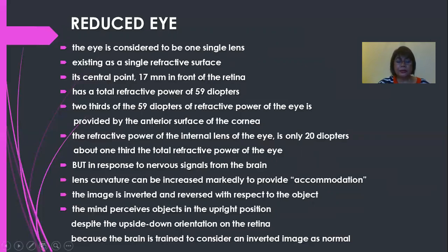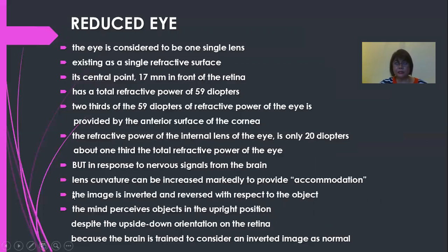The refractive power of the internal lens of the eye is only 20 diopters, or 1/3 of the total refractive power of the eye. But in response to nervous signals from the brain, lens curvature can be increased markedly to increase its diopter, and it is called accommodation.